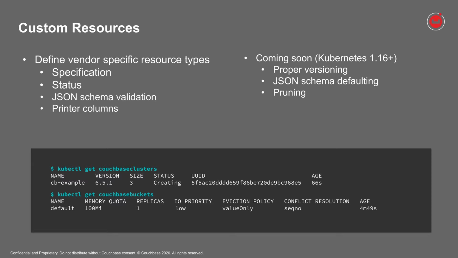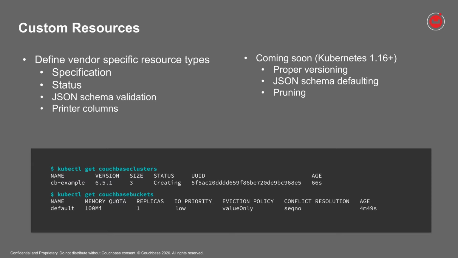Some of the things that the custom resource definition allows you to do beyond defining those names and the groups are having a specification. Once you've defined your Couchbase cluster, you want to specify things about it. Previously, where I've talked about abstracting things away, there are certain things that you're going to want to configure, such as the cluster size.